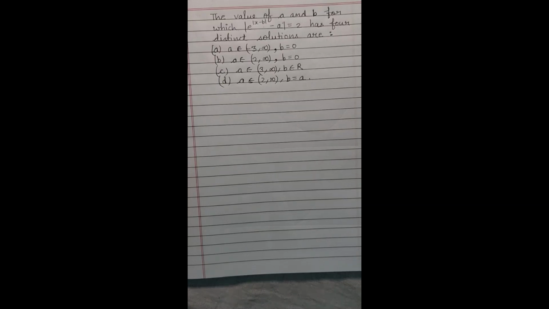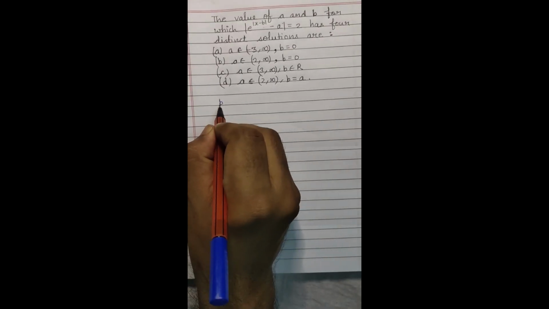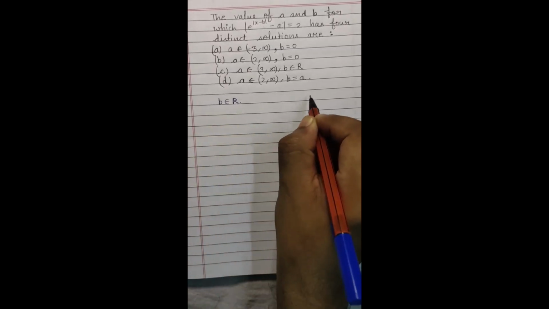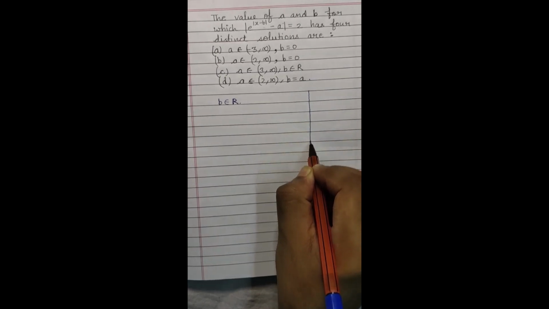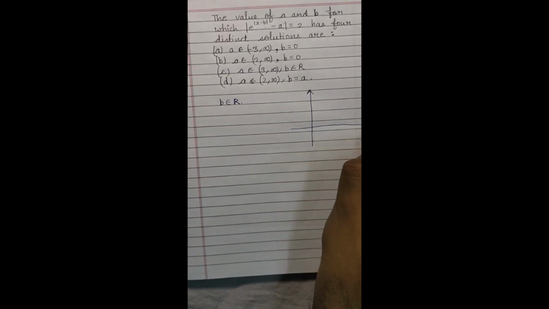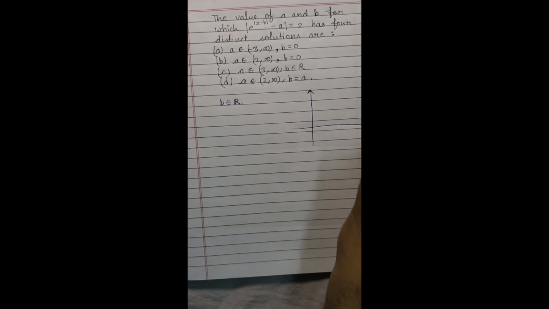So now let us first draw the graph of e to the power x minus b mod, taking a to be 0. Here I consider b to be belonging to R. So this is the y-axis, this is the x-axis.